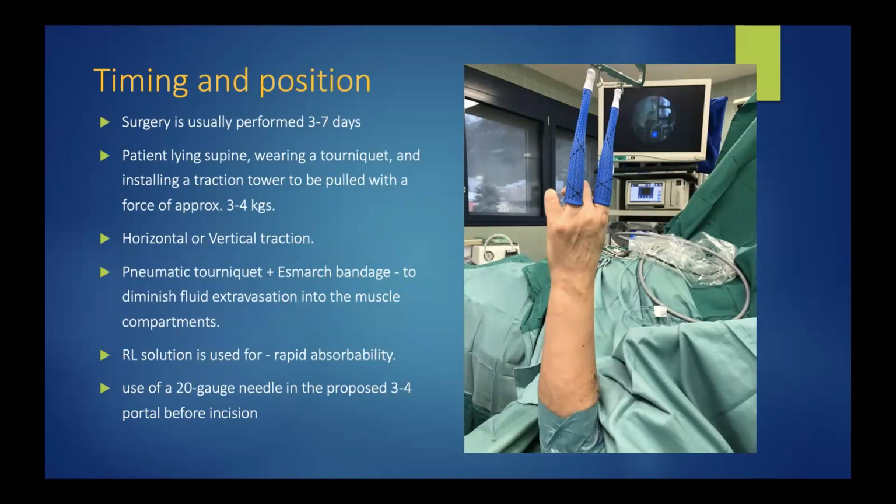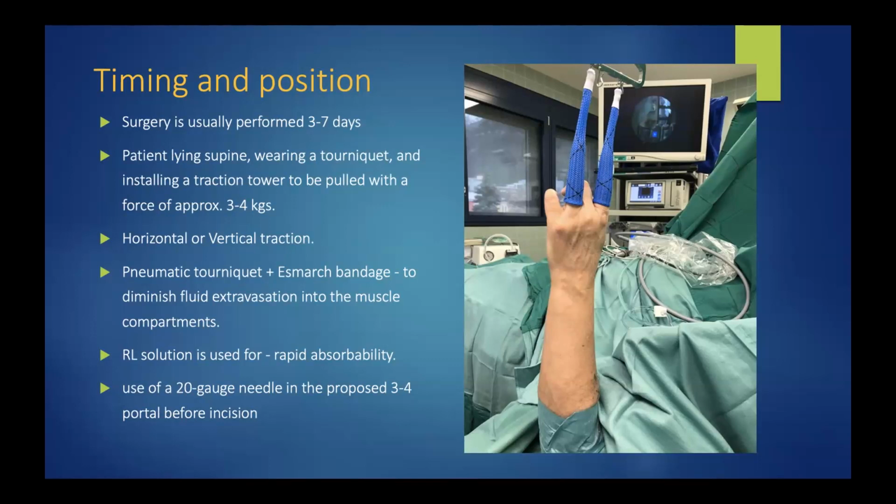And since they prescribe 3 to 7 days, the position is the patient lying supine with a tourniquet, and the traction tower pulling approximately 3 to 4 kgs using Chinese finger traps. The literature gives both horizontal and vertical traction, but vertical traction is most preferred.